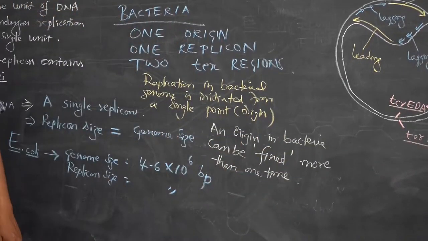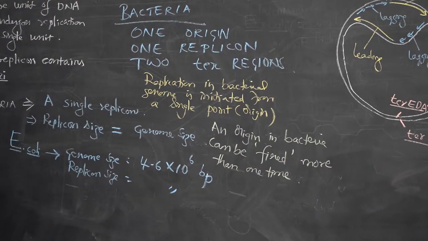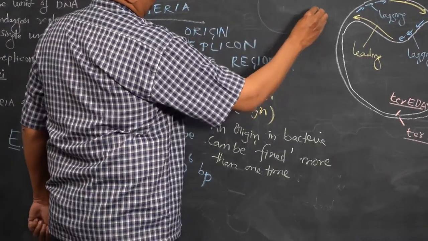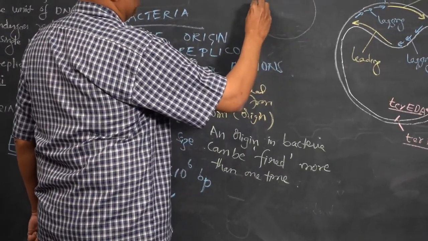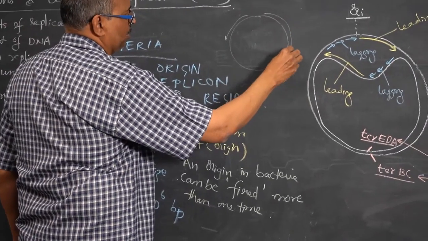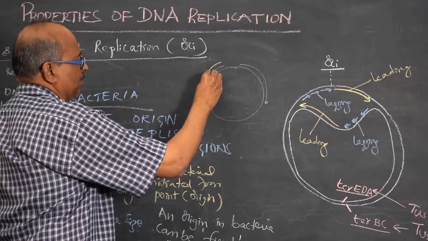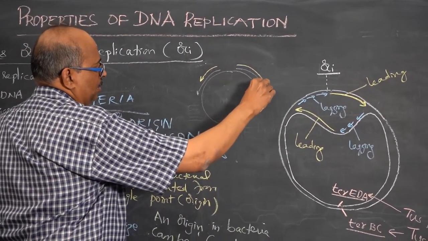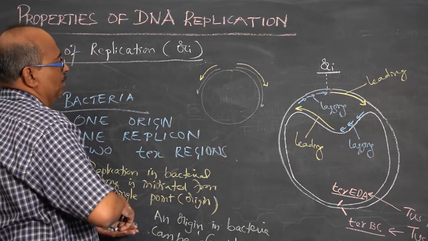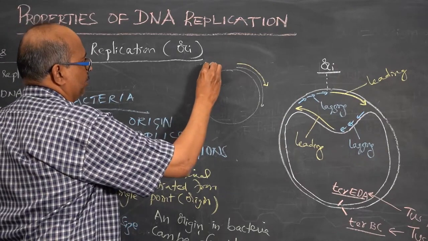This is something that never occurs in the case of eukaryotes. So you can start the replication and the replication reaches this point. Again you can have another round of replication, and even you may have a third round of replication.